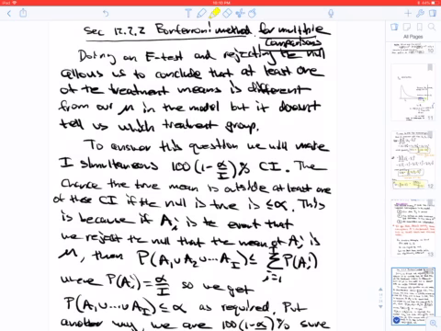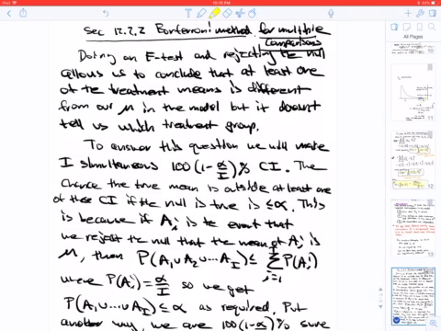The idea in the Bonferroni method is that we need to make our confidence intervals 100 times 1 minus alpha over I percent confidence intervals.